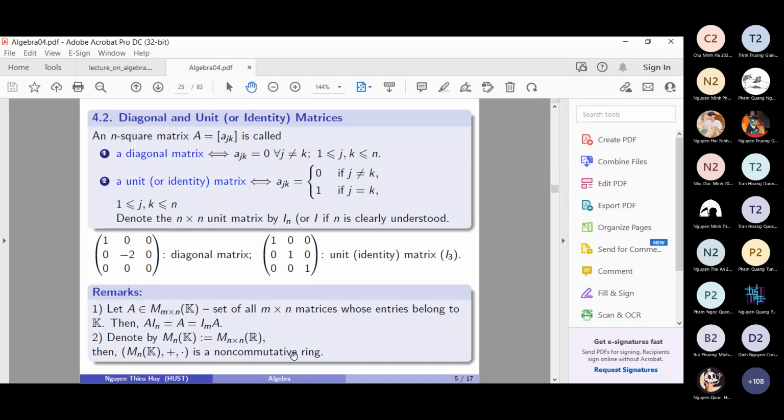But pay attention that this ring is not commutative. I will do some computation in the ring after we have a short break. Okay, now we have a 10 minutes break, and we resume after 10 minutes. Have a short break.